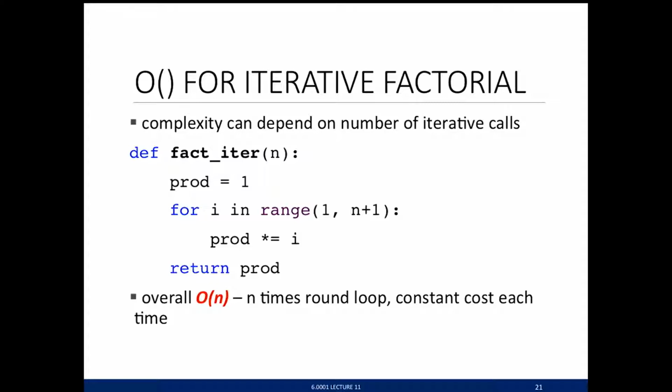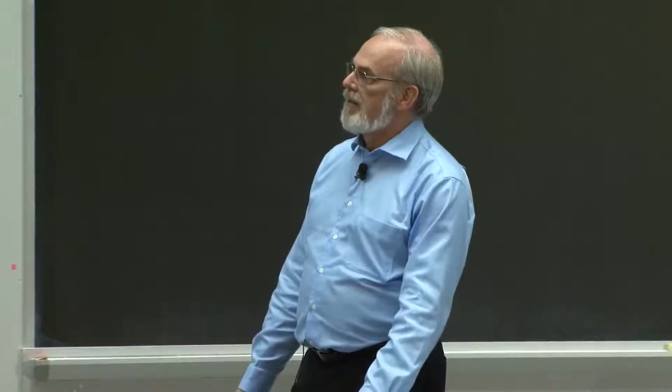Again, we know this loop, how many times do I go through it? I go through it n times. The cost inside the loop, there are 3 steps. Changing i, multiplying product times i, storing that value back in product. And as we saw, that constant doesn't matter. This is linear. So n times around the loop, constant cost each time, order n.